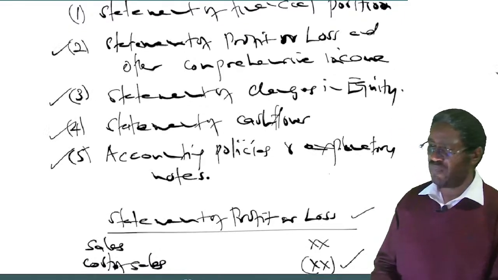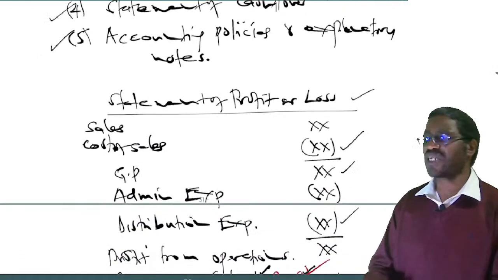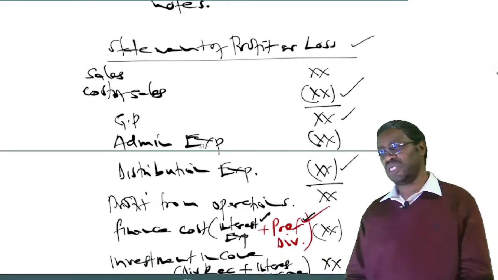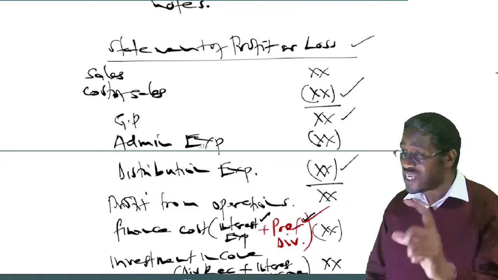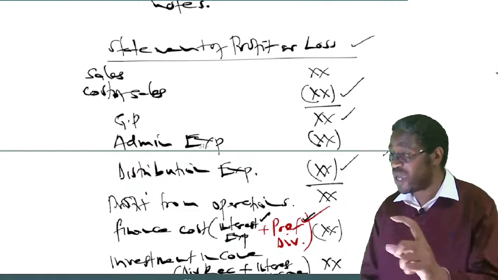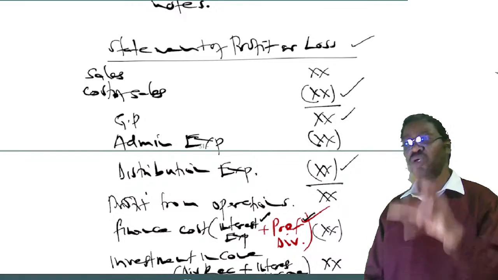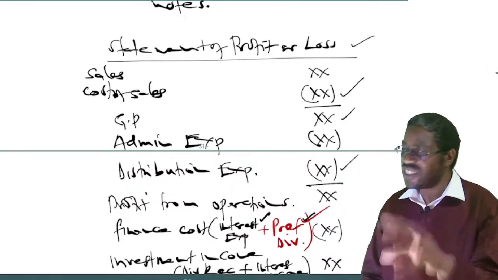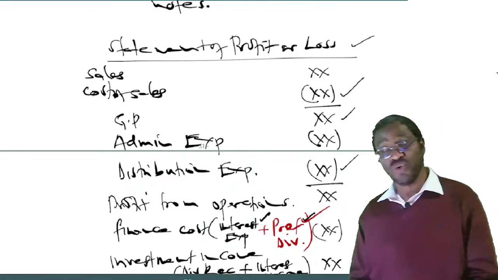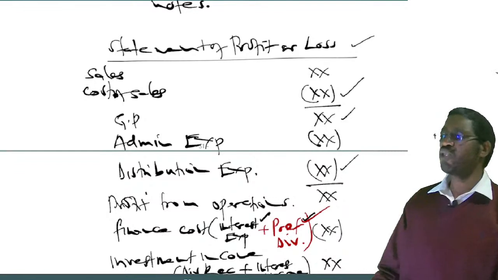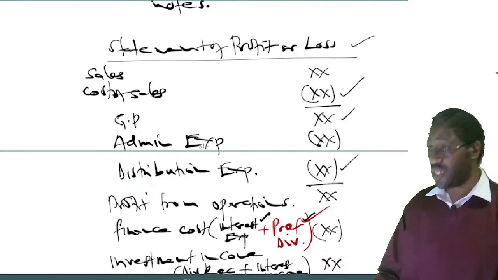Then from there, we went further and started looking at how to prepare each of them for the purpose of publication. When you are required to prepare published accounts, not for the purpose of internal reporting for your company, but specifically when you are preparing these statements for publication.